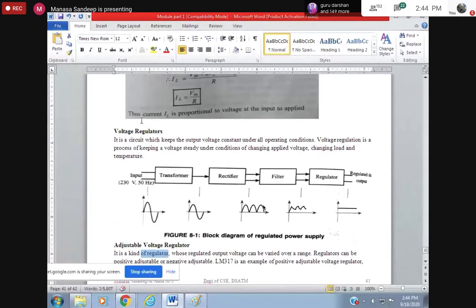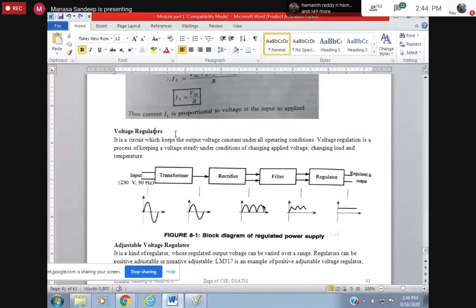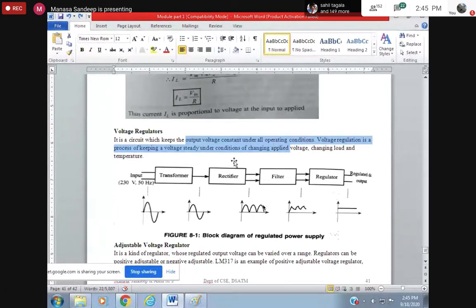So guys, before seeing the adjustable voltage regulator, let's see what exactly voltage regulators are. We have already used these voltage regulators at our home, correct? It's a circuit which keeps the output voltage constant under all operating conditions.